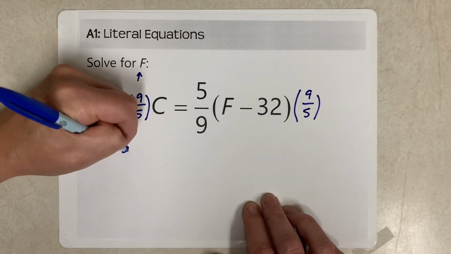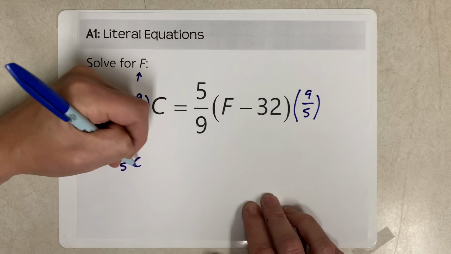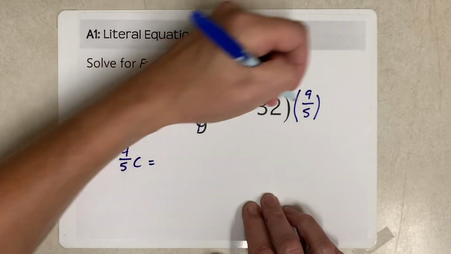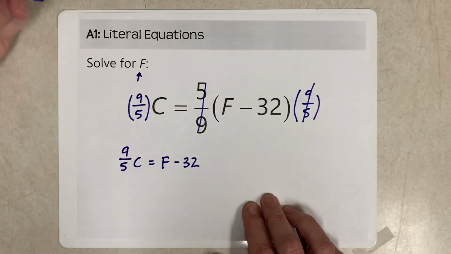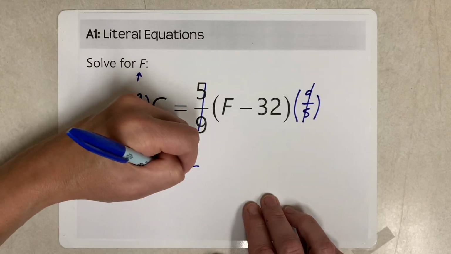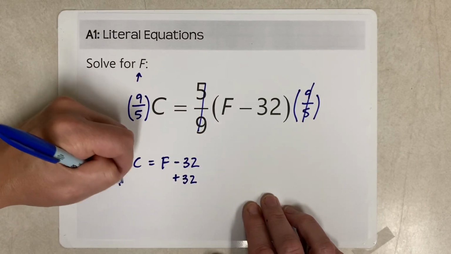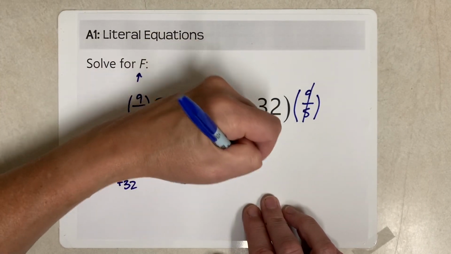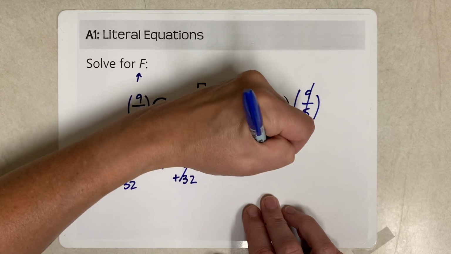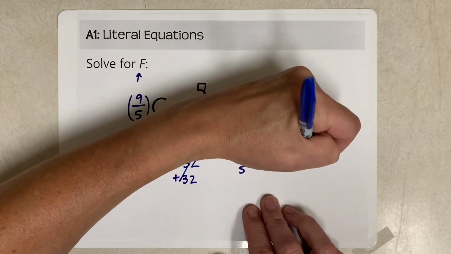And so we're going to get 9 over 5 C equals, these will cancel, and I get F take away 32. Now to get F by itself, I add 32 to both sides, and I wind up with 9 over 5 C plus 32 equals F.